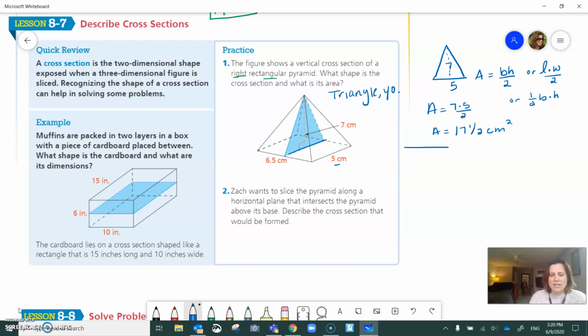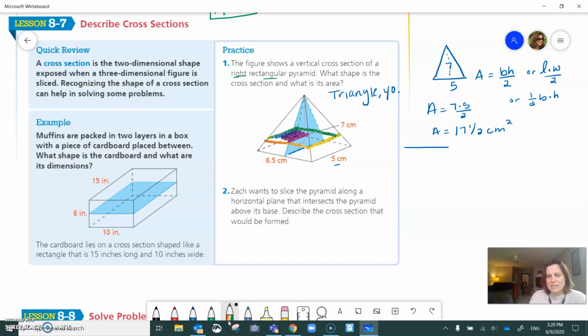The second question, Zach now wants to slice it along the horizontal plane that intersects above the base. So that means that it's going to slice across this way.